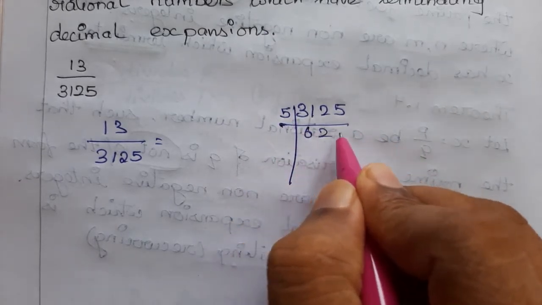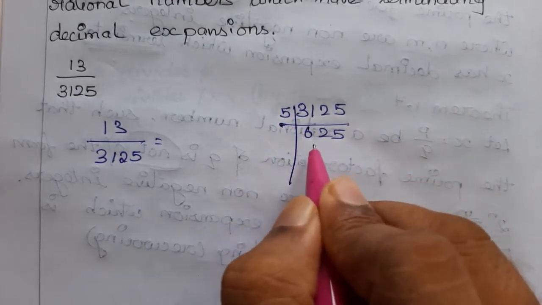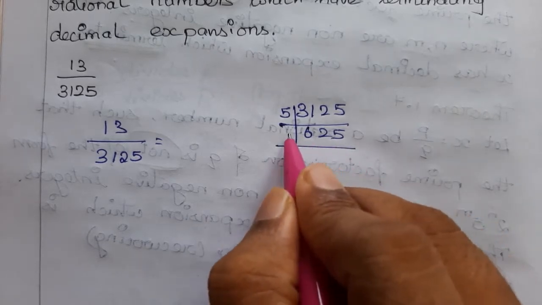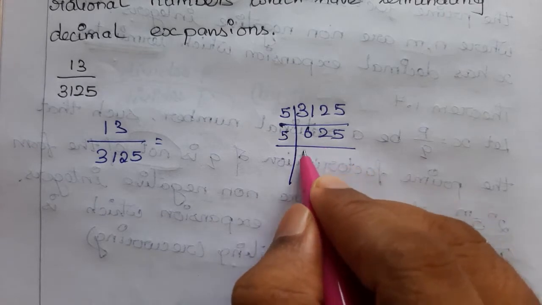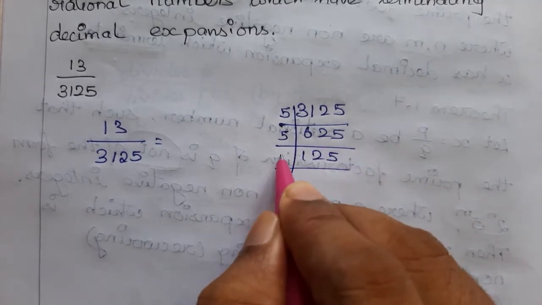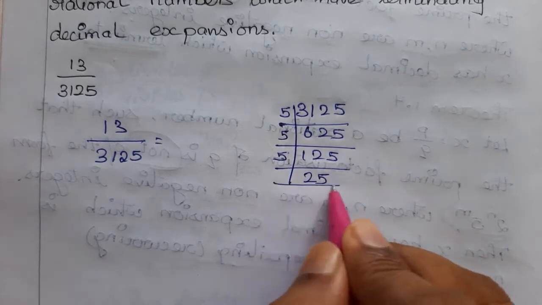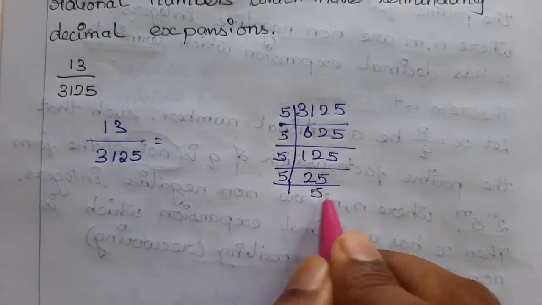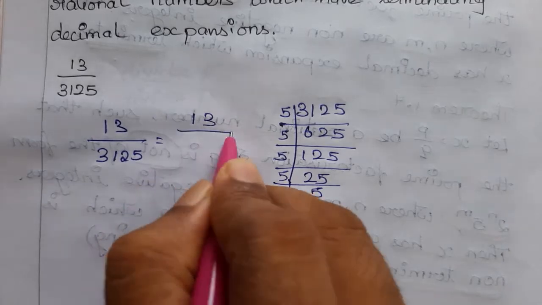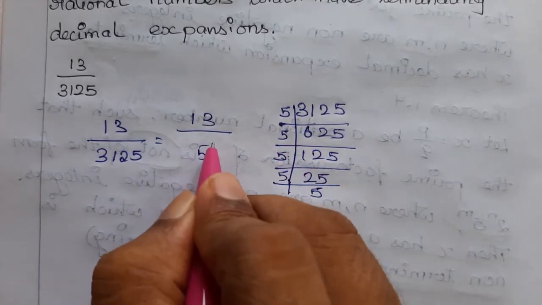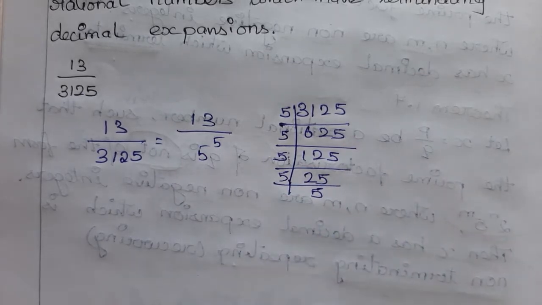It comes to 625, which we all know is 5 power 4. Let me write: 5 times 625 is 3125, 5 times 125 is 625, 5 times 25 is 125, 5 times 5 is 25. So the denominator is 5 power 5.